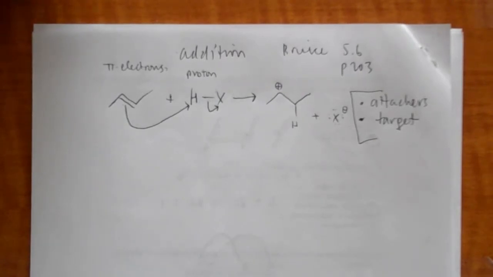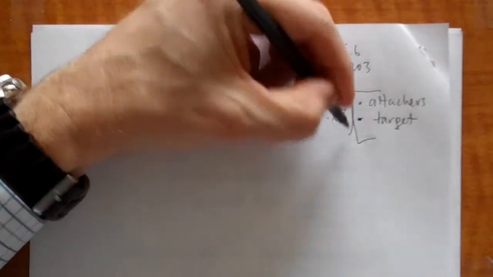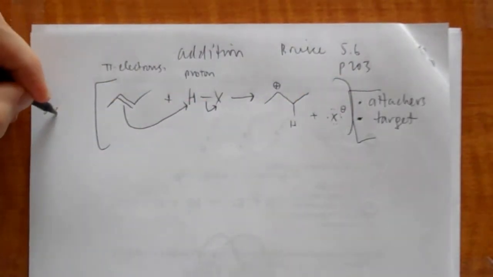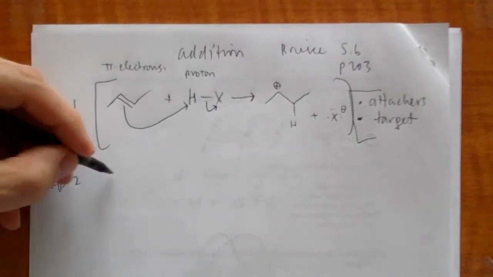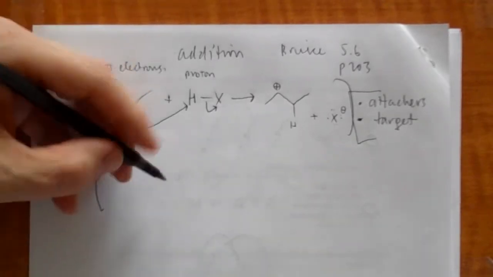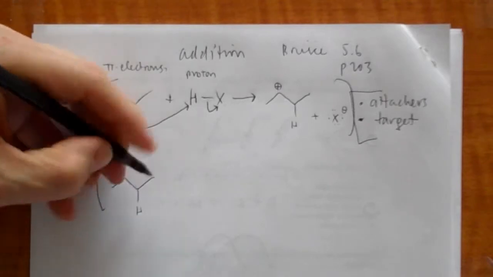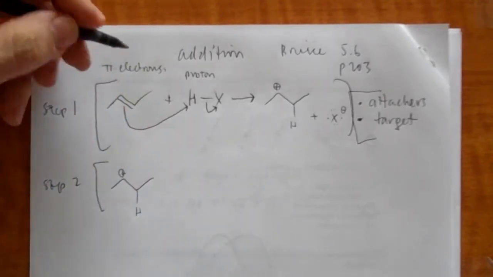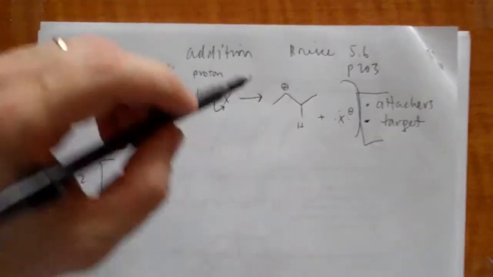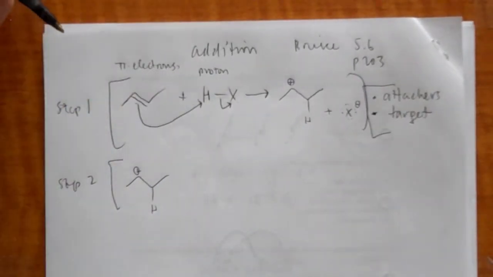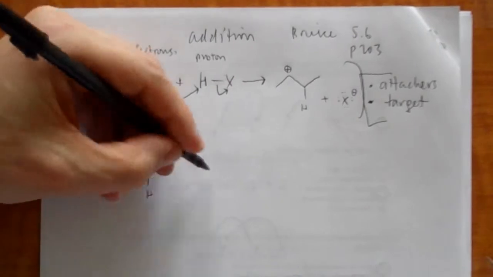Can you guess what step two is going to be? Again, we want to identify the attacker, and then identify the target, and then draw the arrow from the attacker to the target.